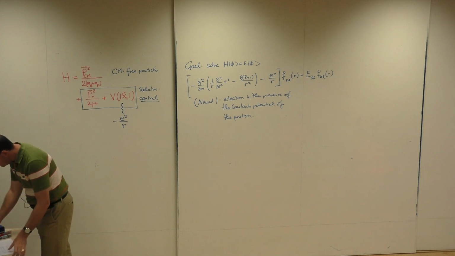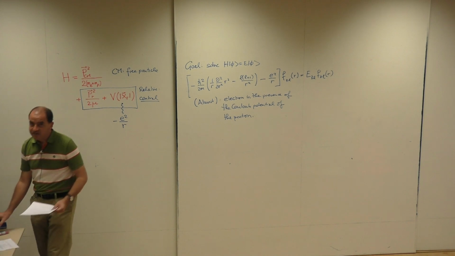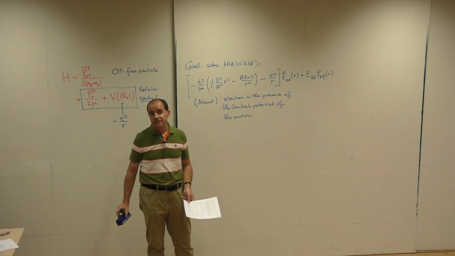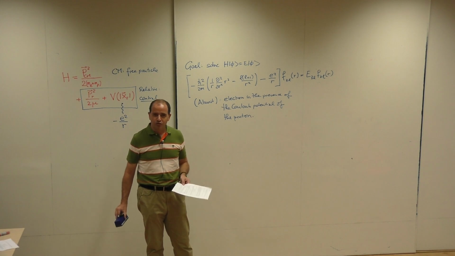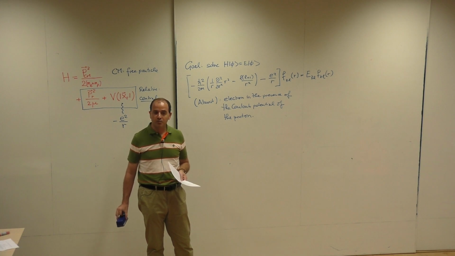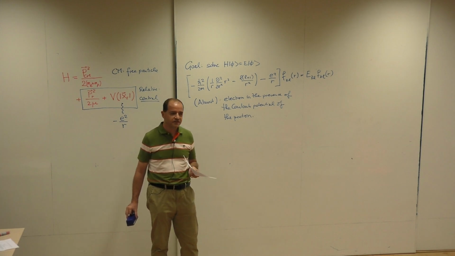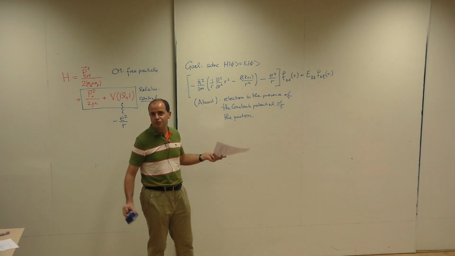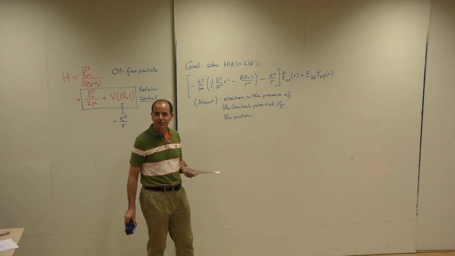Okay. And now, since we are all tired and we are coming to the end of the year and we've already covered a lot of material in this class, I come with the good news. I will not do the solution explicitly. I just give you the result and comment on it. Those of you who want to see the solution in the course Atomic and Molecular Physics 1, PC2130 I think, Kai Diekman does the full solution of this thing, because of course the hydrogen atom is the starting point of atomic physics.